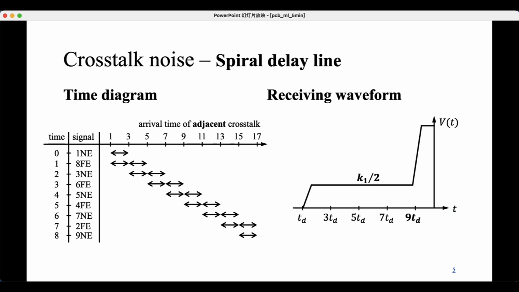As shown in the figure, the crosstalk is spread over time ahead of the main signal. Consequently, regardless of the number of line segments, the erroneous logic gate triggering does not occur as long as K1 over 2 is smaller than the voltage threshold at the receiving end.